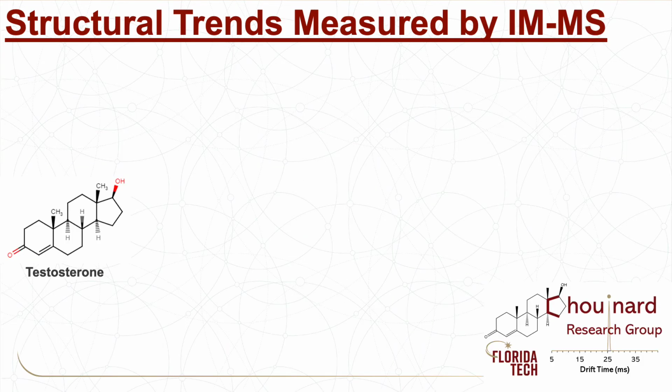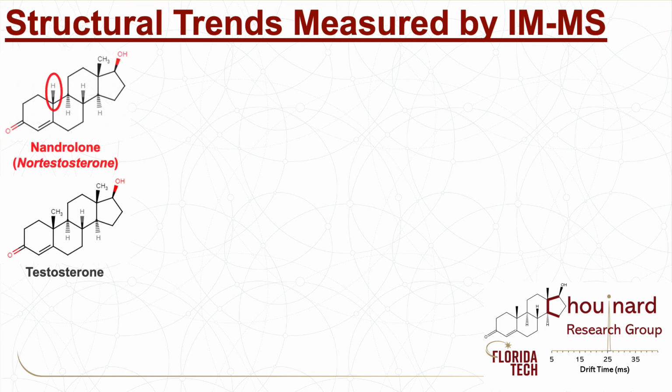Aside from quantitative applications, ion mobility provides structural characterization and can allow the identification of novel substances. Here we study trends in mobility resulting from functional group differences. As an example, many WADA-prohibited steroids are simply testosterone analogs that differ only by a single functional group. For example, nortestosterone lacks the C19 methyl group, highlighted here in red.